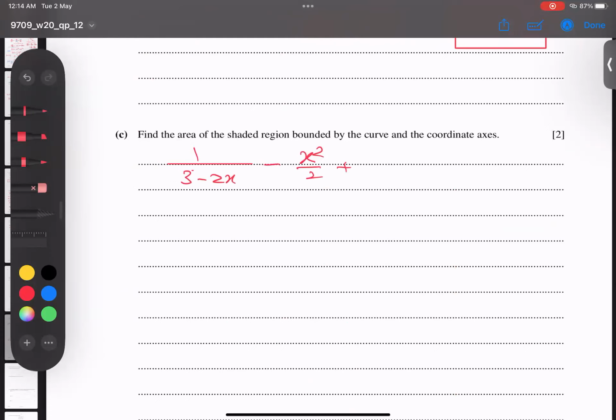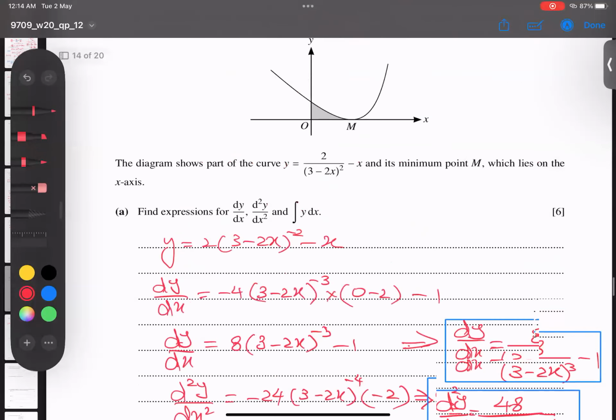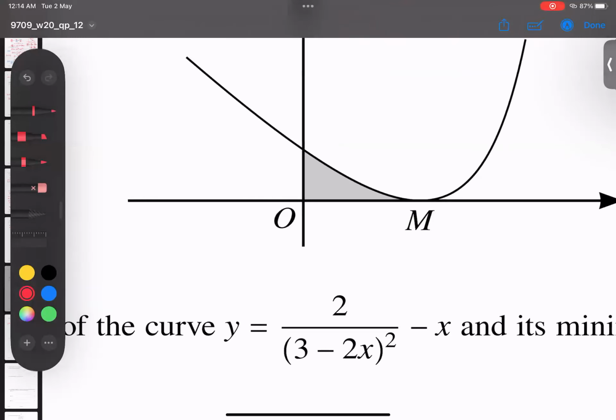So have a look. This part we have already, this time I will take limits only. But the important part is what our limits are. Starting from this point where x is 0, ending at this point where x equals half, the point of minima I just got. So 0 to half.